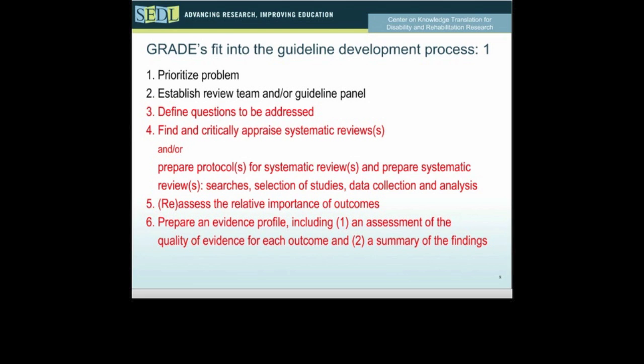But if you want a quick and dirty overview of the GRADE method, just reading the first Guyatt paper, you would do quite well.